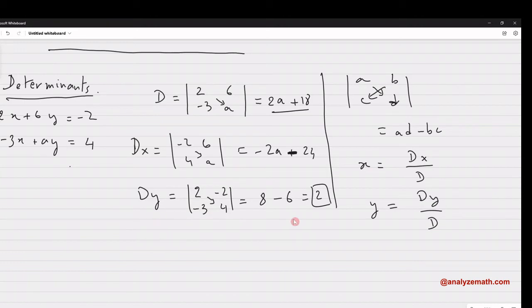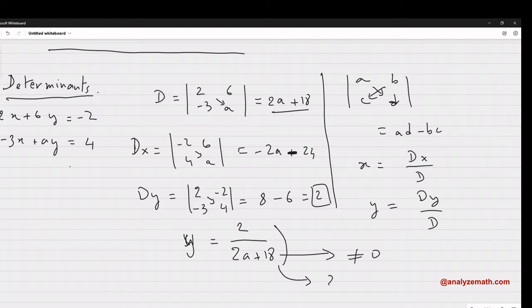Now let's look at dy. Let's look at y. To calculate y, what we need to do is to divide dy, which is 2, by d, which is 2a plus 18. Again, for this solution to be a real number to exist, this must be non-zero.